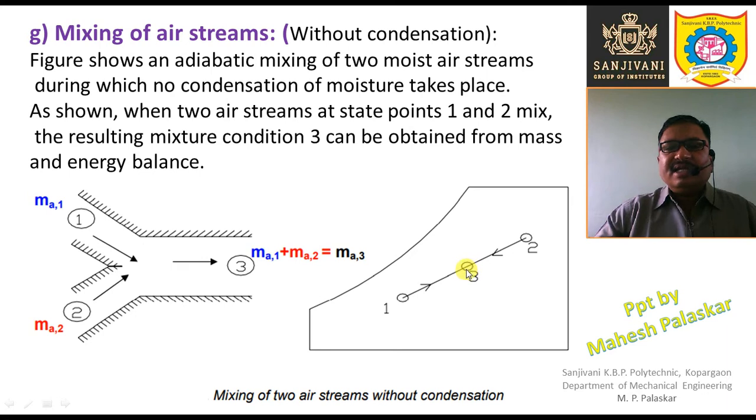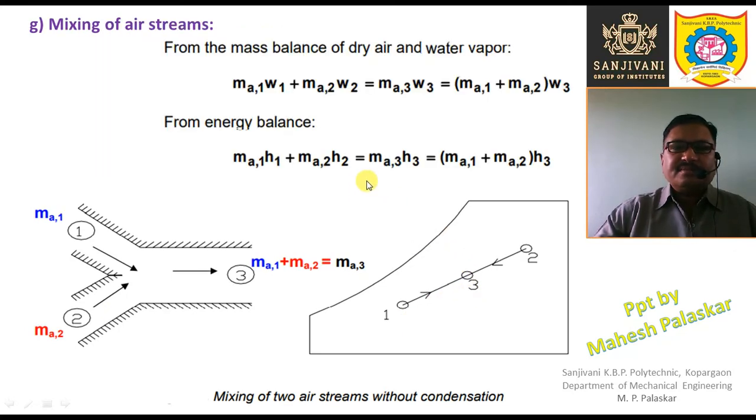So point 3 indicates the condition of the mixture, point 1 indicates the condition of the first stream, point 2 indicates the condition of the second stream, right? So what are these equations? Mass balance. From the mass balance of dry air and water vapor, we get this equation: mass of air for stream 1 multiplied by specific humidity omega 1, which is the specific humidity of stream 1, plus mass of stream 2 into specific humidity omega 2, will be equal to the mass multiplied by the specific humidity of the mixture.